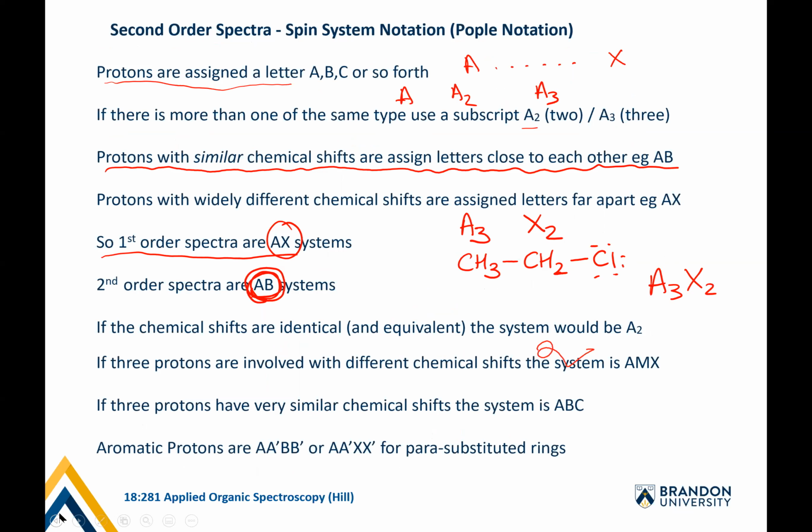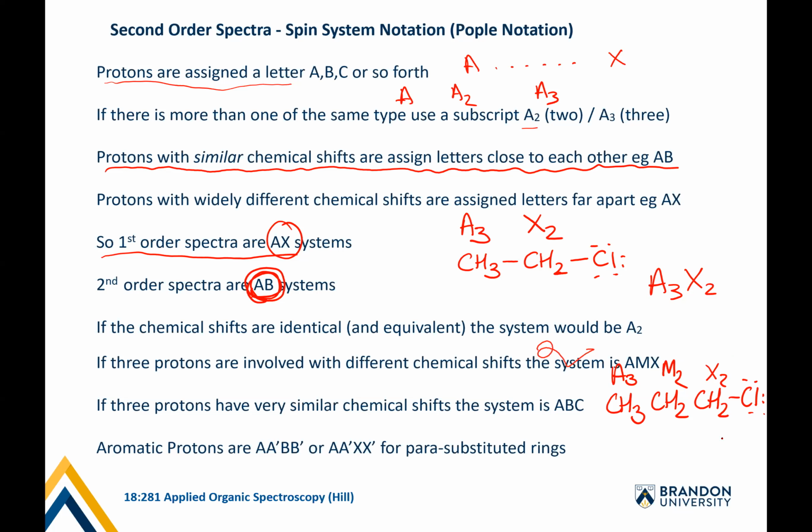So if you have three protons and they all have very different chemical shifts, like for example, CH3, CH2, CH2, chlorine, we would call this A3, M2, X2, because M is in between A and X, so we would expect these to be different.